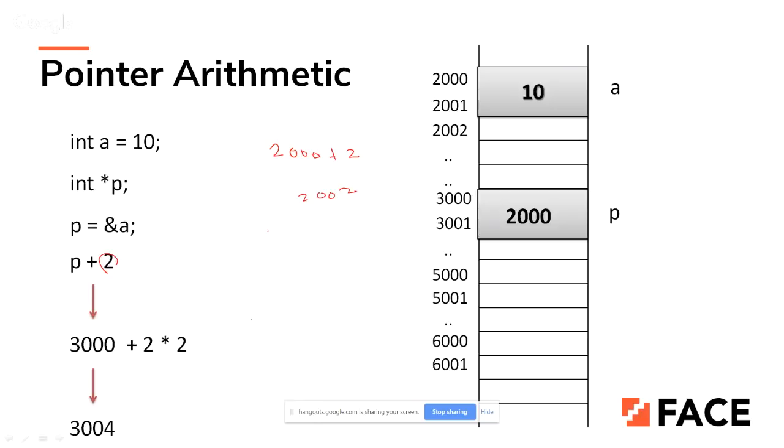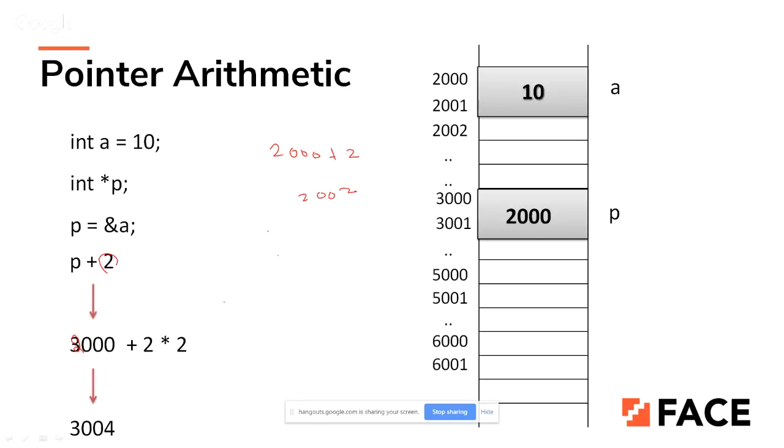It's 2000 or 3000 guys. Here it is not 3000, it is 2000, because p is holding the value 2000.